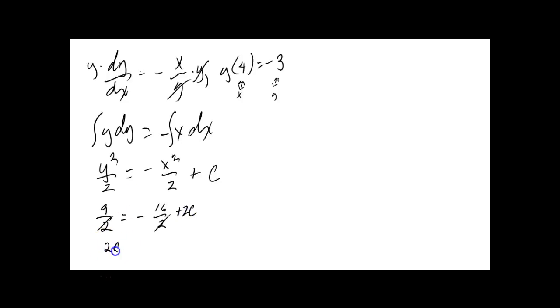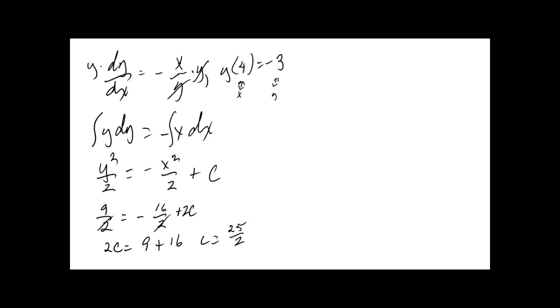So we got 2c is equal to, now I'm moving it to the other side, 9 plus 16. I skipped a few steps there, but you see what I did? So c then would be equal to 25 halves.